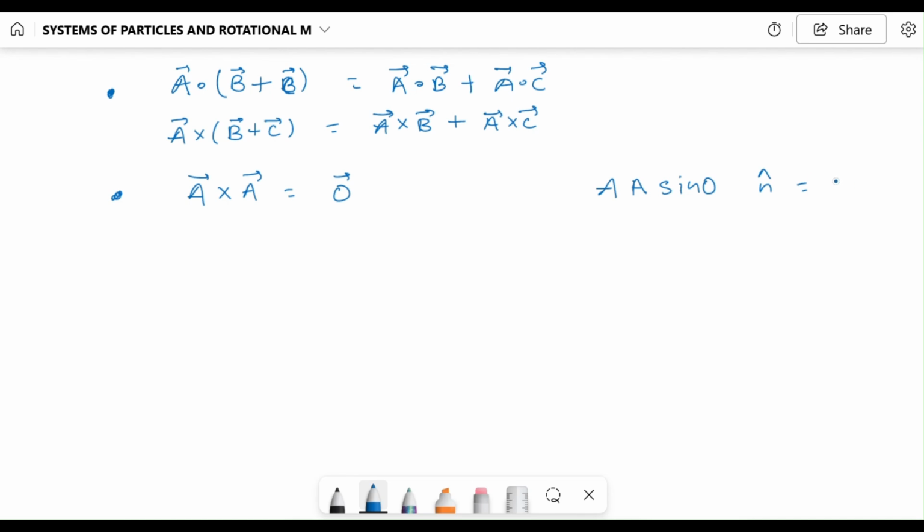So ultimately this is 0, a null vector. And here we are taking a null vector because we know that this cross product is going to give you a vector result. So to keep it compatible with this convention, we have to introduce this null vector concept, meaning a vector with 0 magnitude.